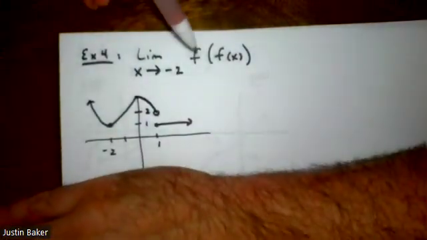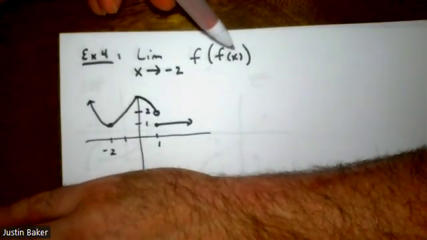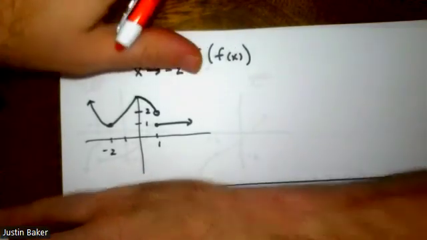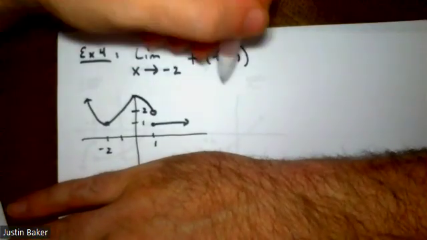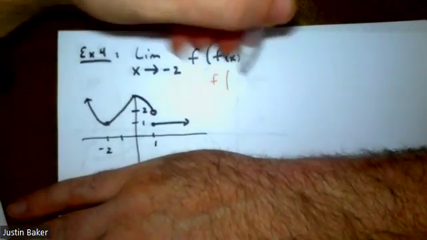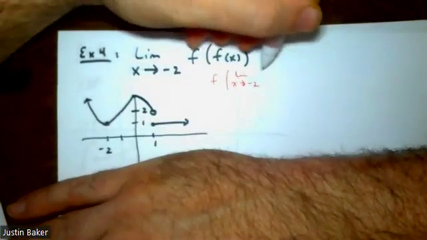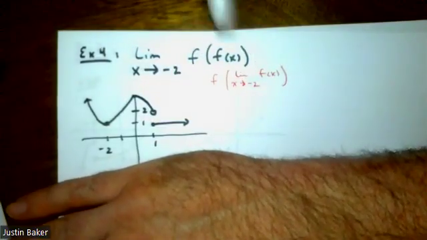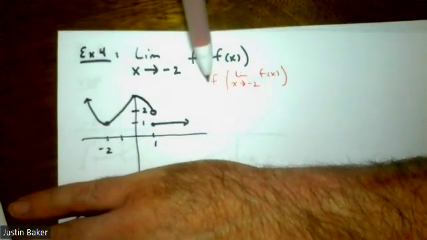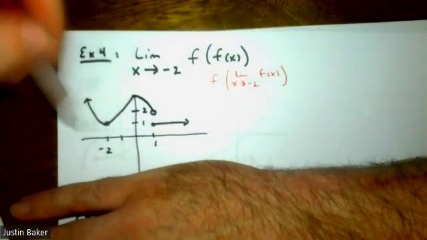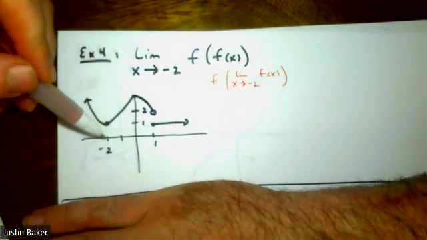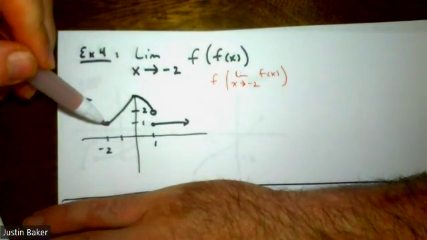Okay. Let's take a look at example 4. Okay, so now this is f of x. It's the same graph used twice, but it's still the same idea. So this is going to be f of the limit as x approaches -2 of f of x. Okay, so the limit as we approach -2, and this is the graph of f, this whole graph. The limit as we approach -2, that answer is 1.